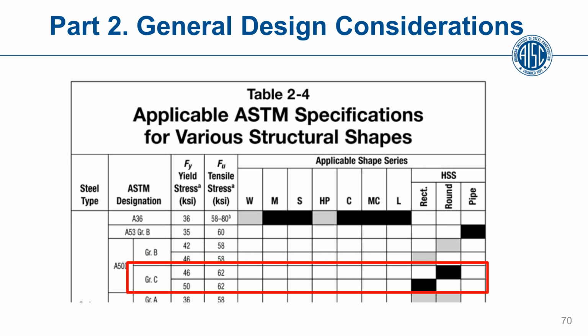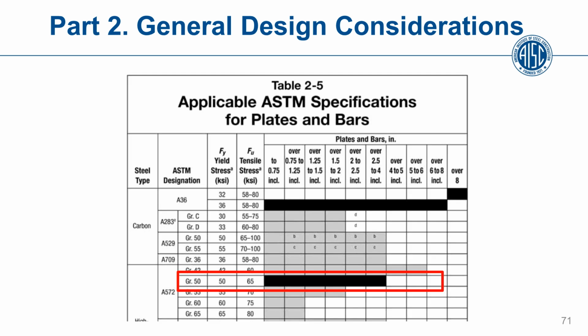When you're looking at plates and bars, Table 2-5 shows that for a lot of the thinner plates, we're talking about plates and bars up to 4 inches thick, again, 50 KSI is the preferred material to be used at this point.